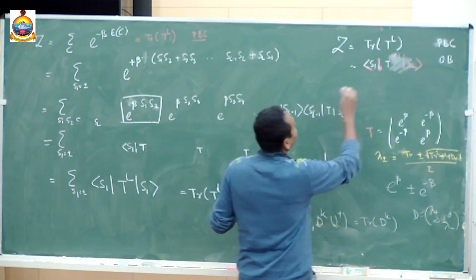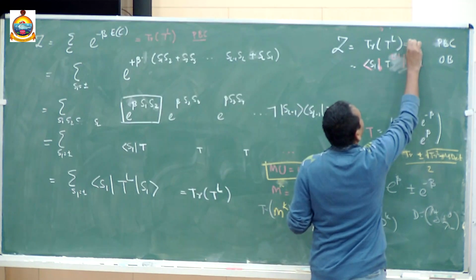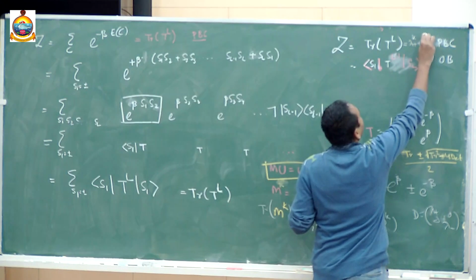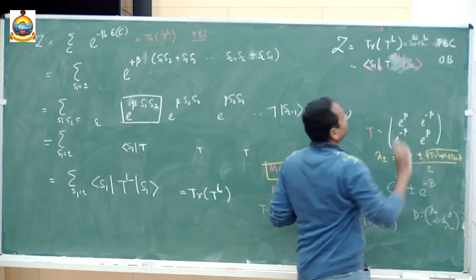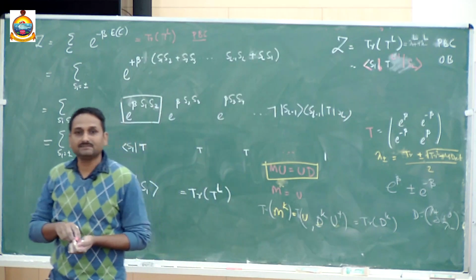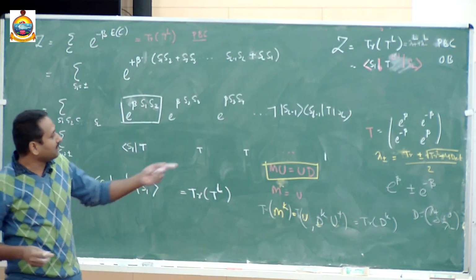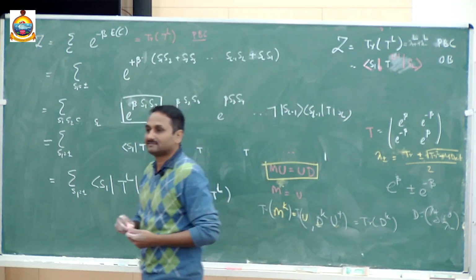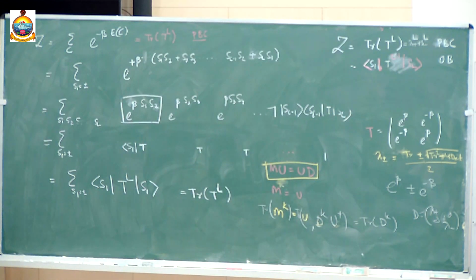So basically what we have is lambda plus to the power k plus lambda minus to the power L. Sorry, lambda minus to the power L. This is pretty clear. Now, can you tell me this? For that there is nothing simple.